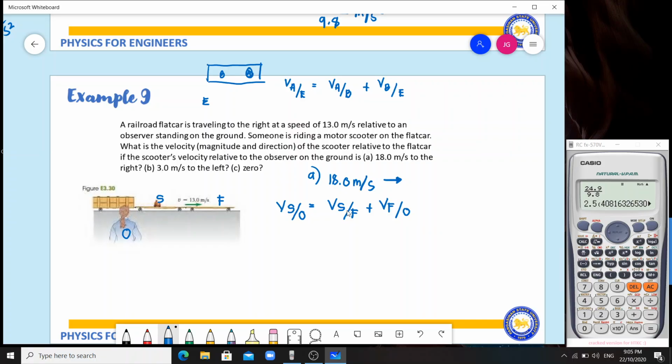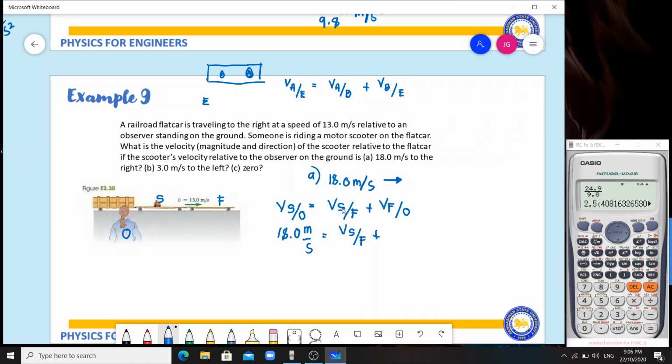So, sabi niya dito, if the scooter's velocity relative to the observer on the ground is 18 meters per second to the right, so ito yon, yung 18 meters per second ay yung velocity ng scooter relative to observer. Okay, ang hinahanap is the velocity of the scooter relative to the flat car.